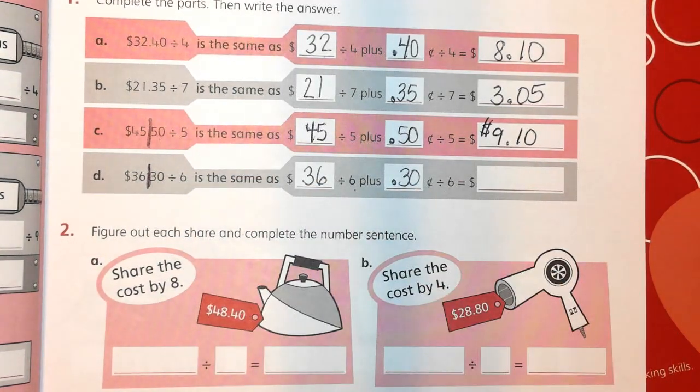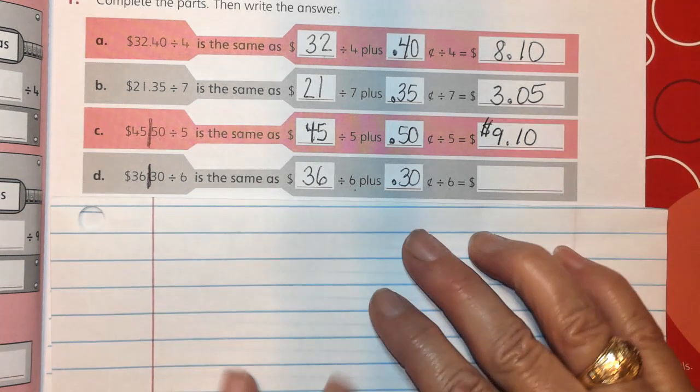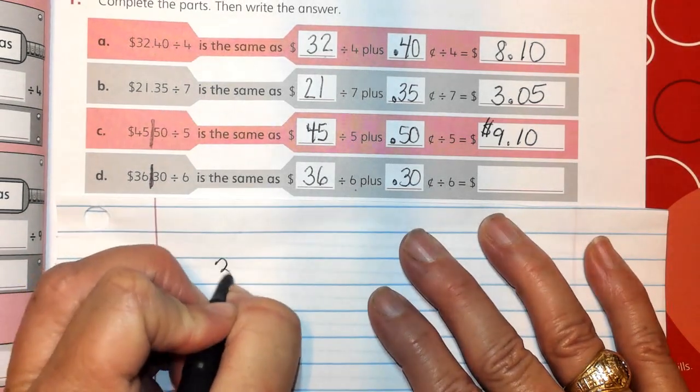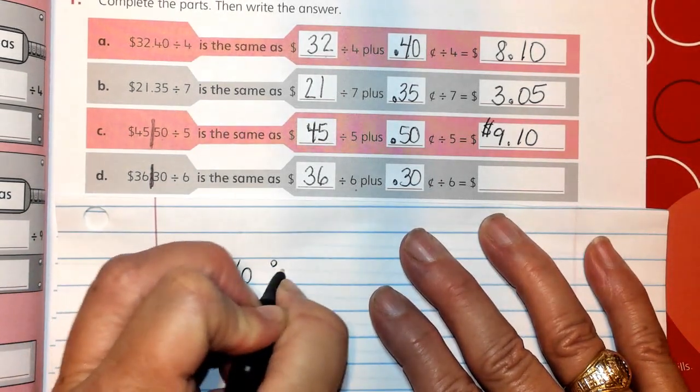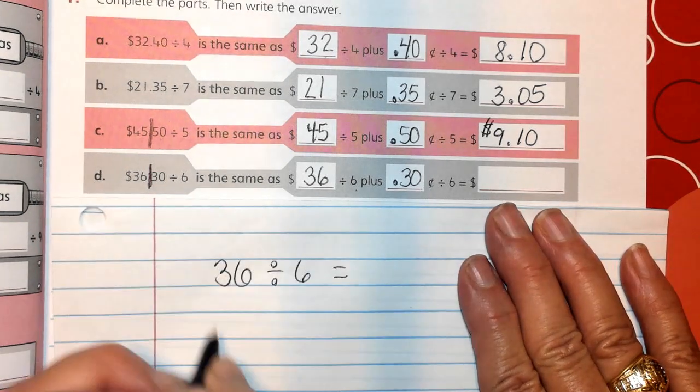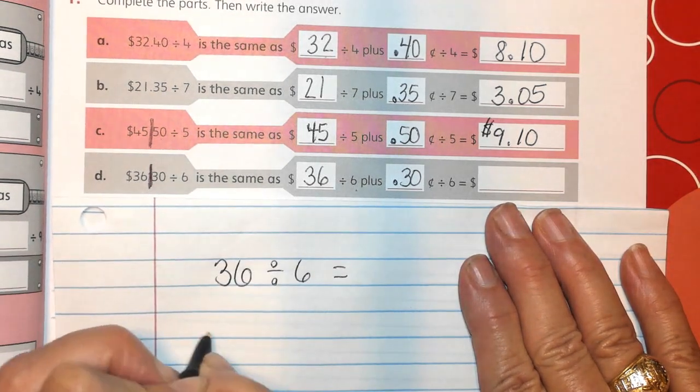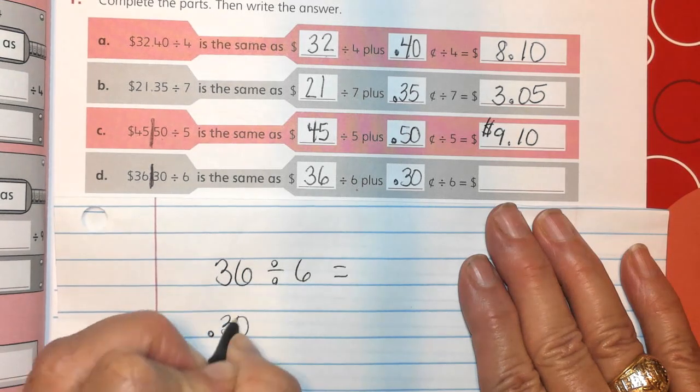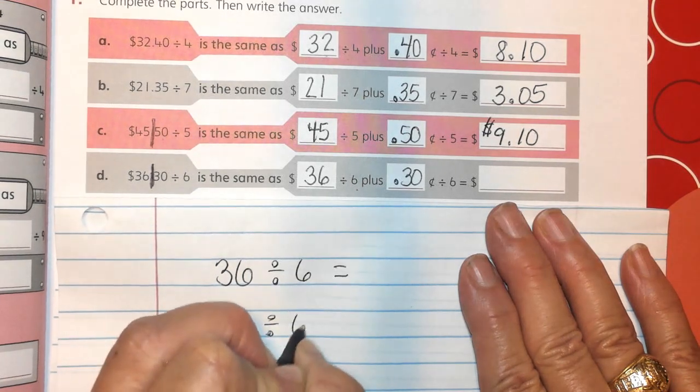So that means I'm going to be using my count by sixes. On your whiteboard, you're going to write 36 divided by 6 equals, and 30 cents divided by 6 equals.